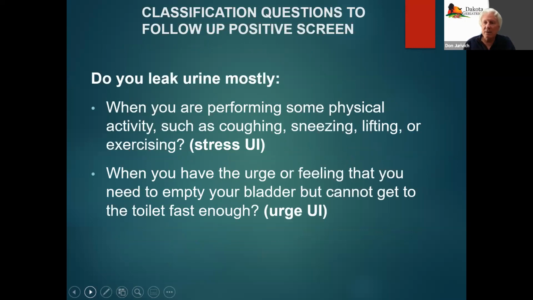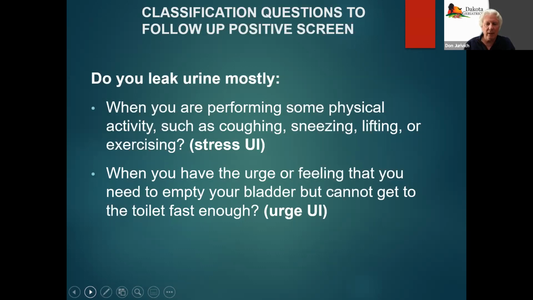So if somebody says, yeah, I have problems with urinary continence, I lose urine when I run to the bathroom, here's some of the questions that we want to ask. So for stress incontinence, if some sort of weightlifting, lifting packages, jogging, even walking causes urinary leakage, then you would probably consider stress urinary incontinence as the reason for the problem.